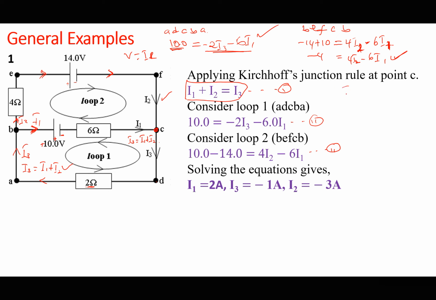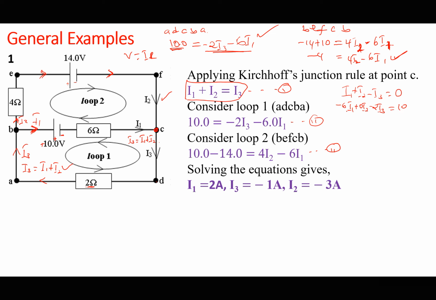Maybe you can say I1 plus I2 minus I3 equals 0. That's one equation. Then you can say negative 6 I1 plus 0 I2 minus 2 I3 equals 10.